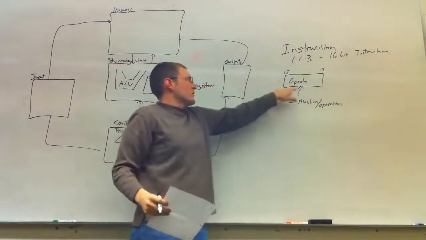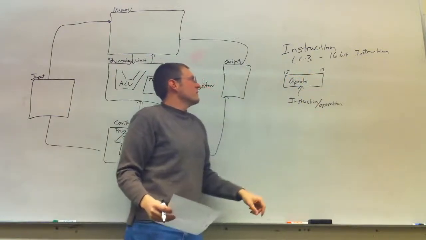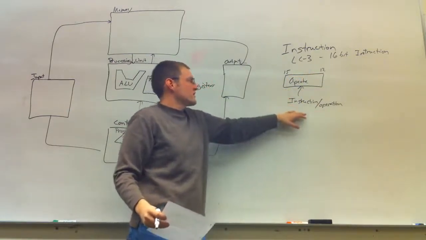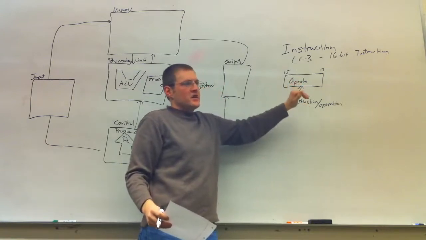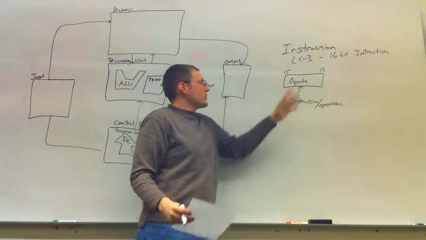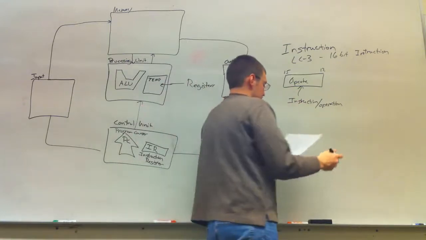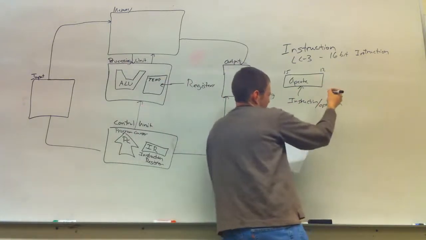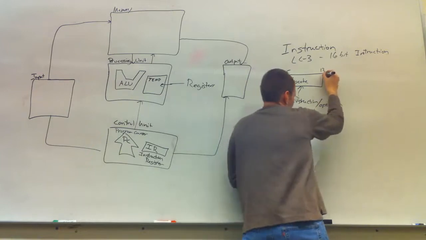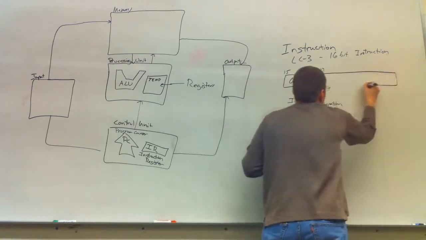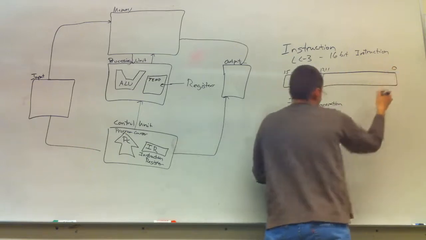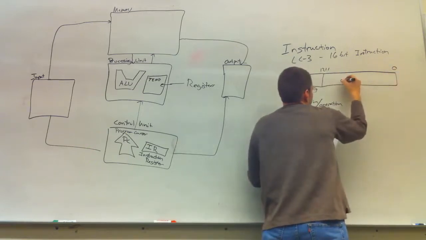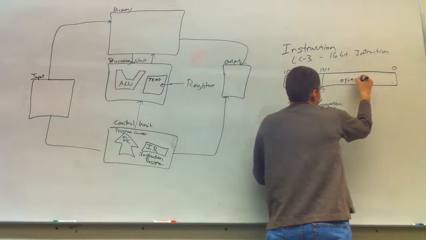So these 4 bits tell us any operation in the instruction set, which we'll talk about in chapter 6, I believe. And then the last bits, bit 11 to 0, are known as the operands.